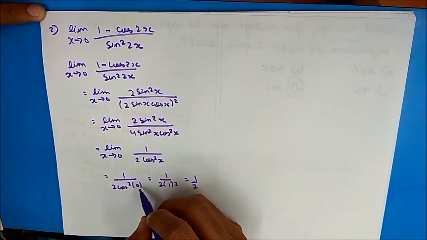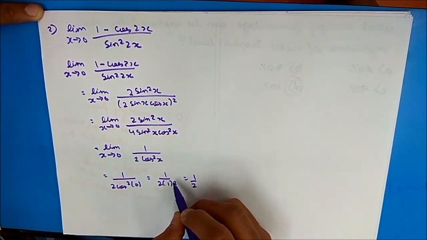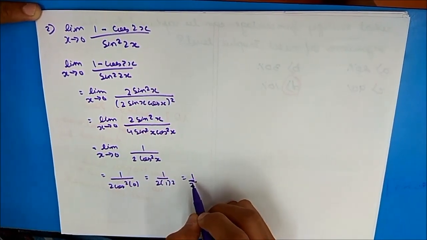Cos 0 is 1, so here it's 2 into 1 the whole square, 1 upon 2 is the final answer.